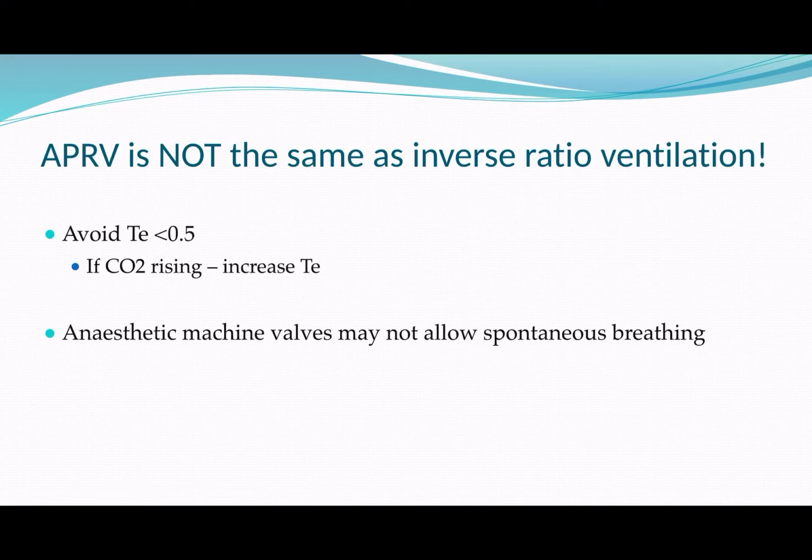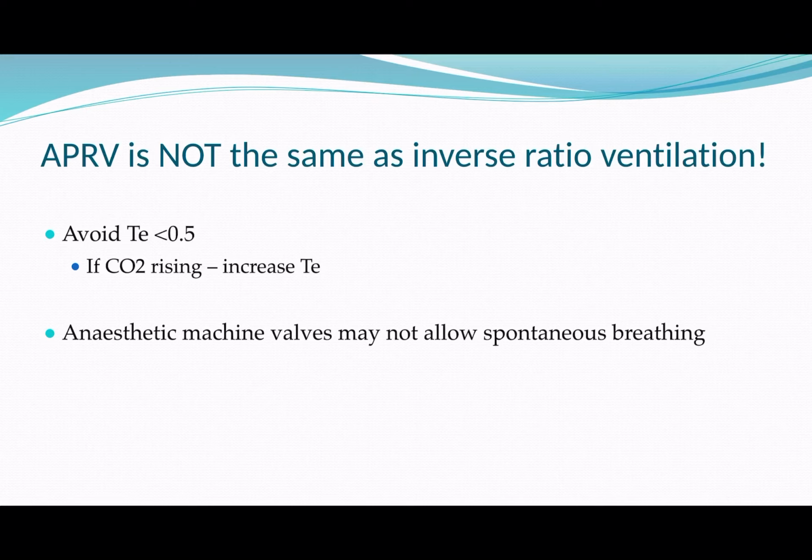If you do have to start extending out your TE, the other thing you might need to think about is, if you remember back to the APRV talks that we gave earlier in this series, the amount of PEEP that you're maintaining isn't set by the pressure low, it is set by the amount of time.